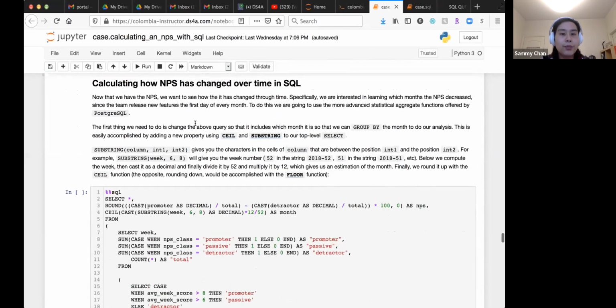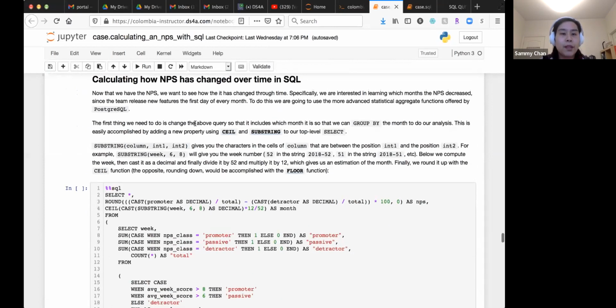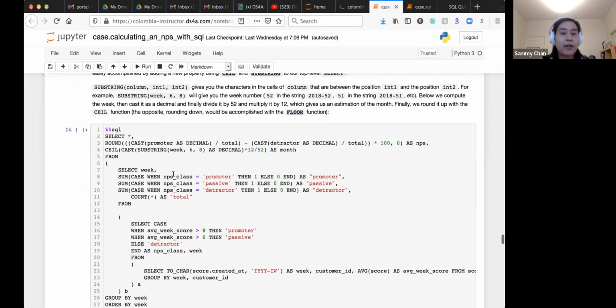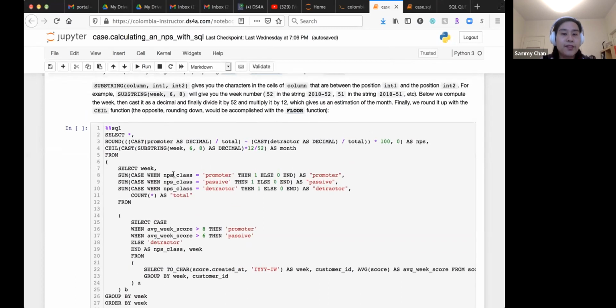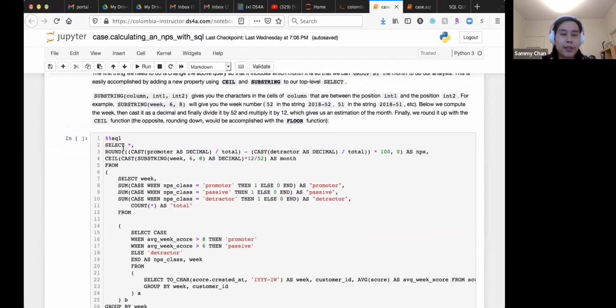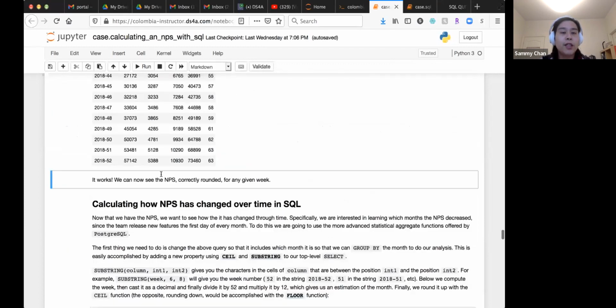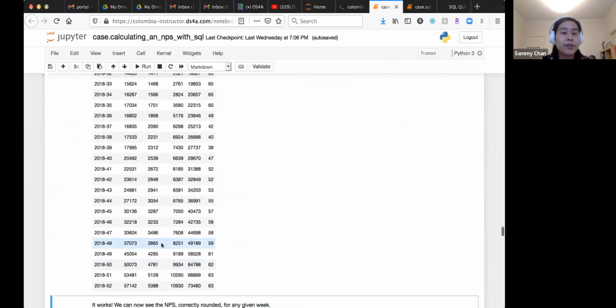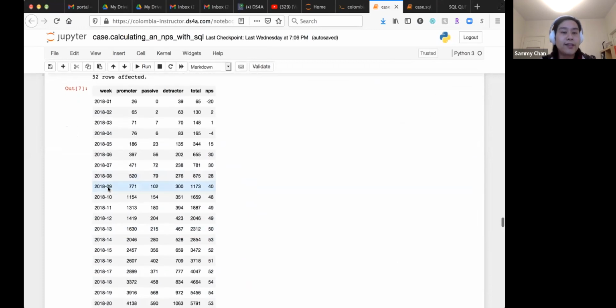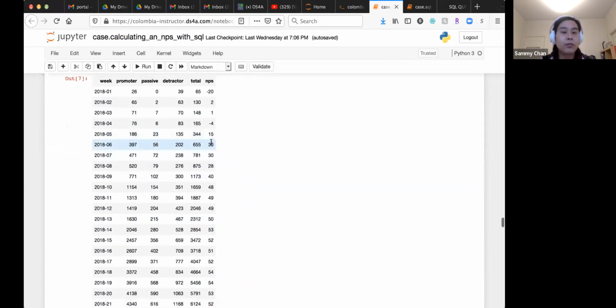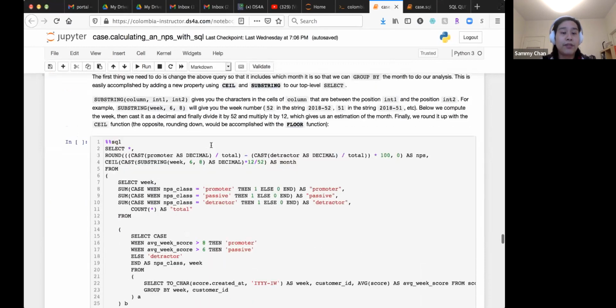So here is an example of how we apply the ceiling or floor function to calculate how the score changed along every month. Instead of weeks, we wanted to see how this score was changing along the months.